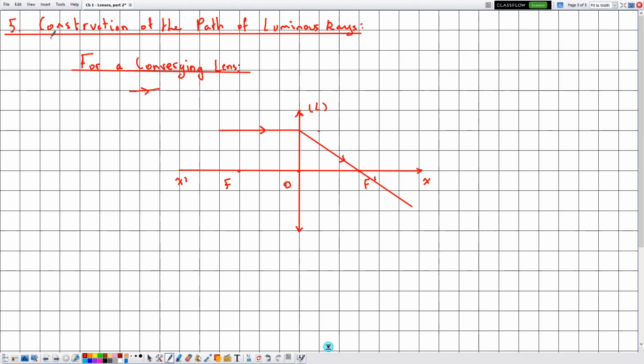The title of this section is Construction, and construction in optics means that we need to trace and justify at the same time. What we have done here is a tracing of the path of an incident ray parallel to the optical axis. Now let's justify the path of this ray.